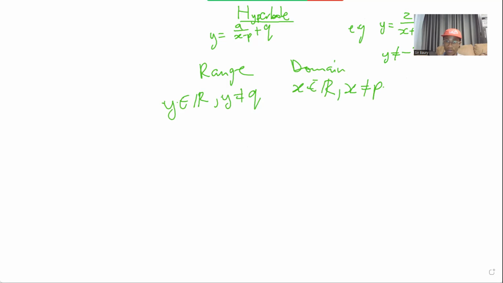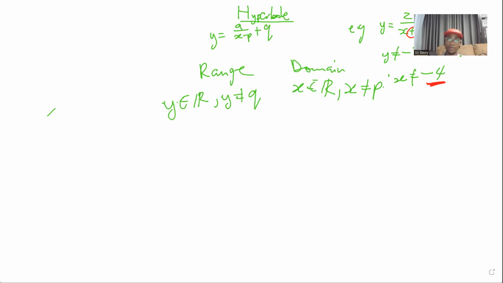And then the domain: x is not going to be equal to negative 4. Pay careful attention there to the signs, because here it's a positive, then that is the asymptote, a different sign from p.